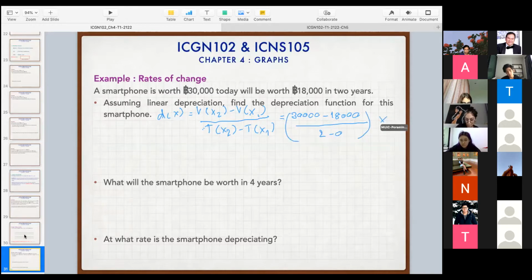Here you will get 12,000 over 2 times x, it is 6,000 over 2x. I'm sorry, not over 2. It's 6,000x.